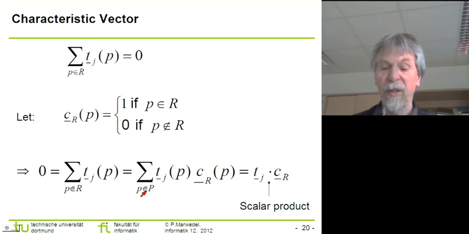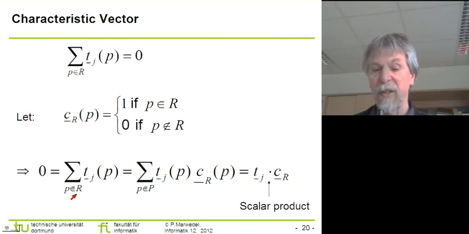In this way, we can sum up over all the different places in this set P, and we don't need to select a certain subset of index values over there.